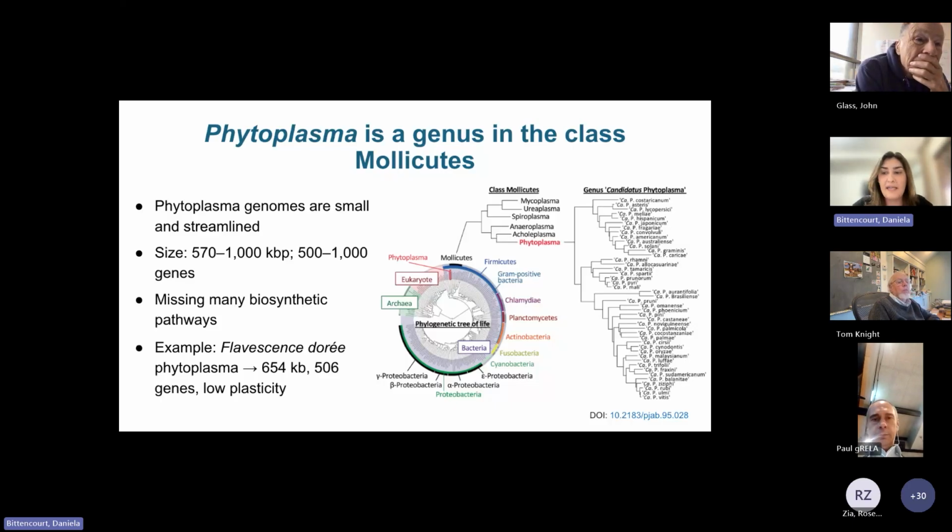They lack many biosynthetic pathways. For example, the Flavescence dorée phytoplasma genome is only 654 kb with only 506 genes, and it shows low plasticity.